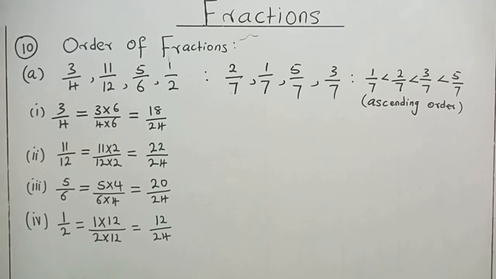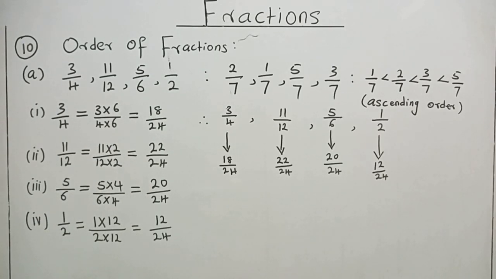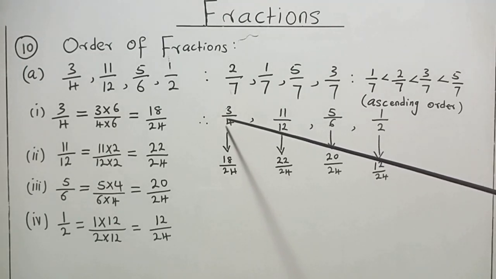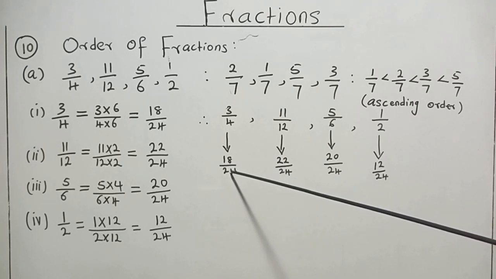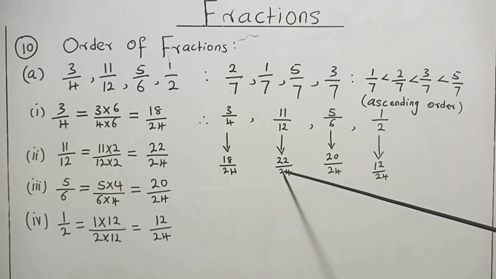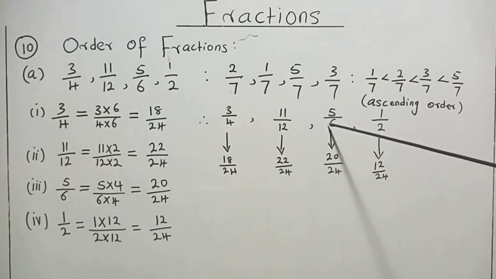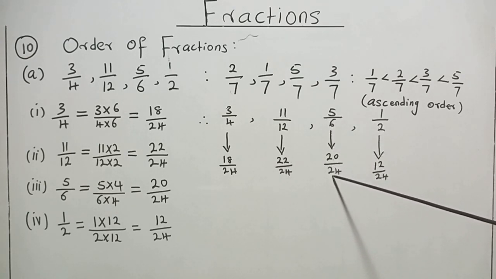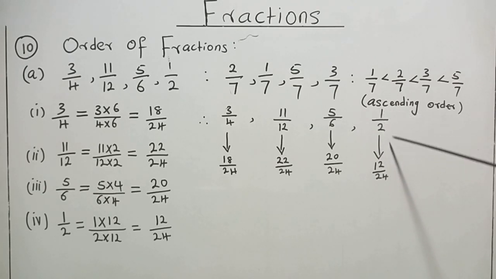Let us now make statements of correspondence between this array of fractions and these ones we have here. And here comes the statement of correspondence. 3 over 4 corresponds to 18 over 24. 11 over 12 corresponds to 22 over 24. 5 over 6 corresponds to 20 over 24. 1 over 2 corresponds to 12 over 24.